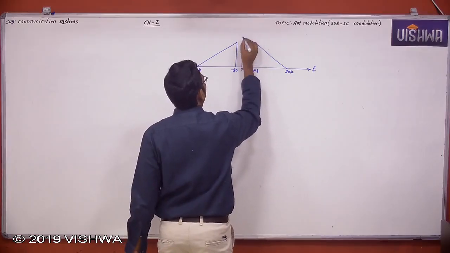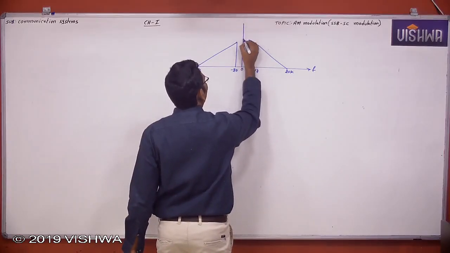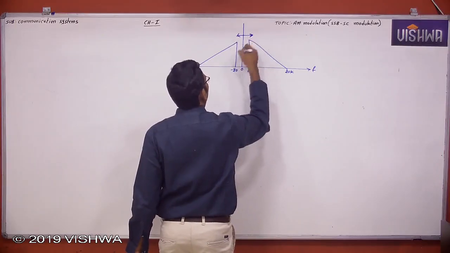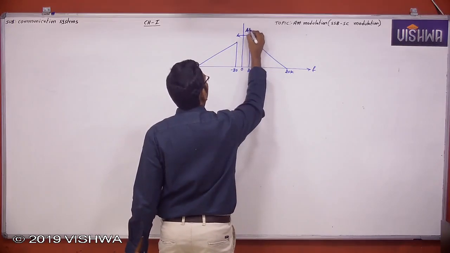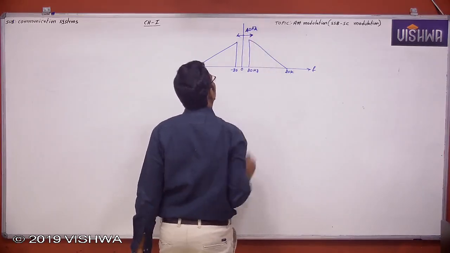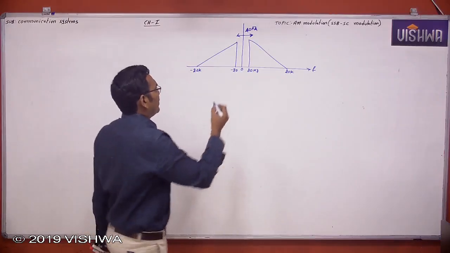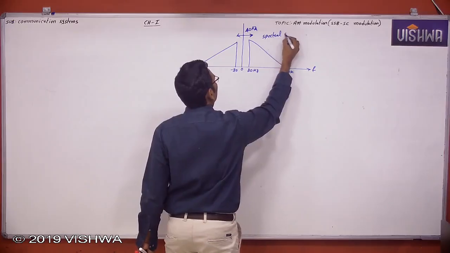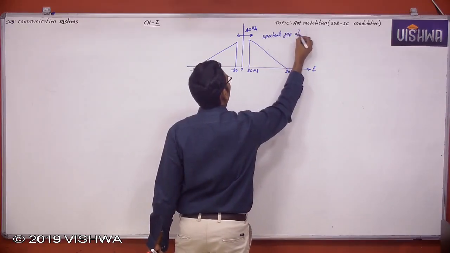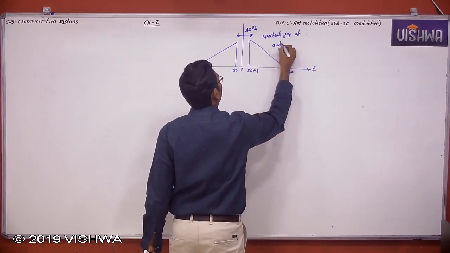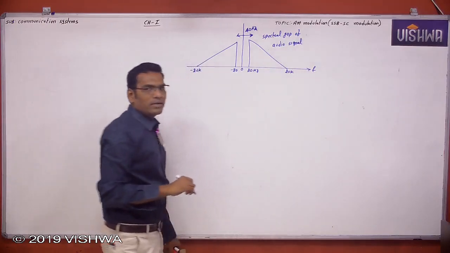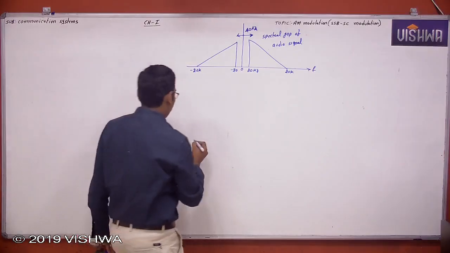Here, if you observe, the spectral gap of audio signal is 40 Hz. Spectral gap of audio signal is 40 Hz. What is the spectral gap of video signal?